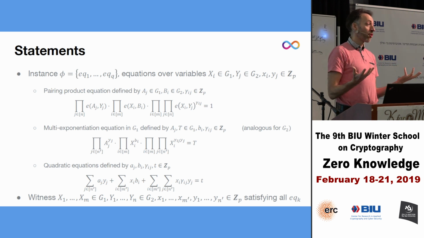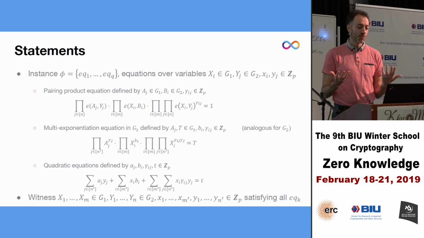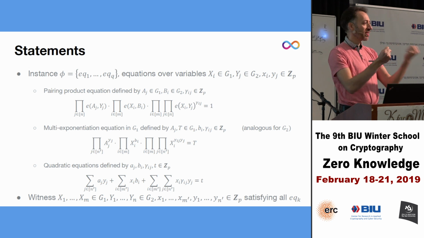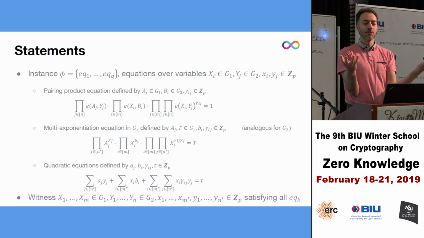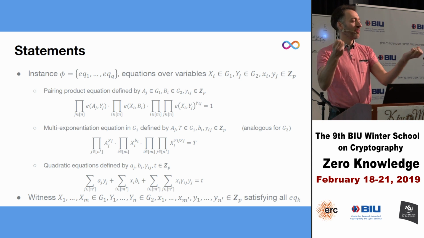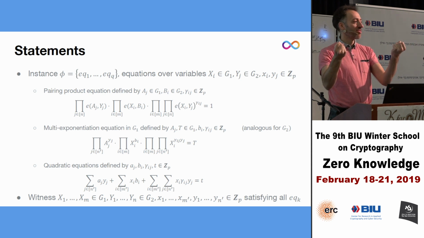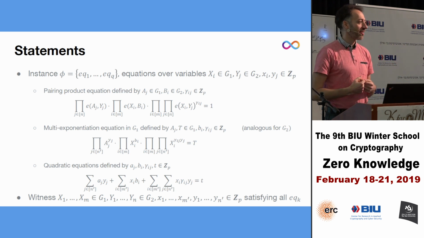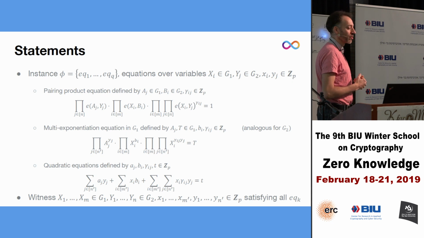So one class of equations we could build would be pairing product equations. Essentially you take group elements, you pair them together, you multiply them together, and in the end you compare some of these target group elements and see, did you get the same thing, right? So that's the first class of equations, the pairing product equations.